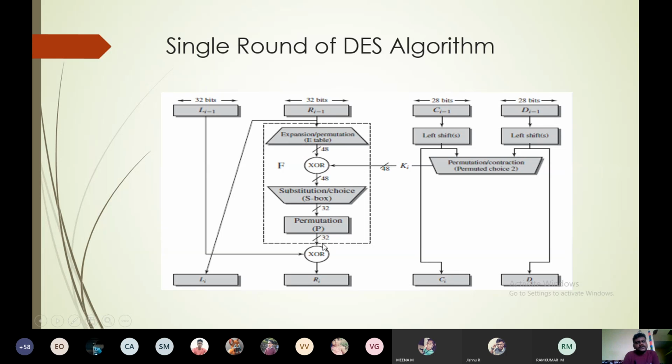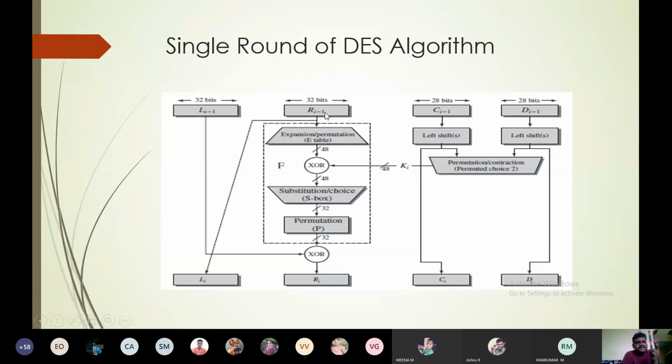Finally, I'm again doing the XOR function with these 32 bits, which came from R(i-1), and L(i-1). So I'm going to do the XOR function between L(i-1) and this output. Now I got some output, and that output will be R(i). And this R(i-1) will become L(i).